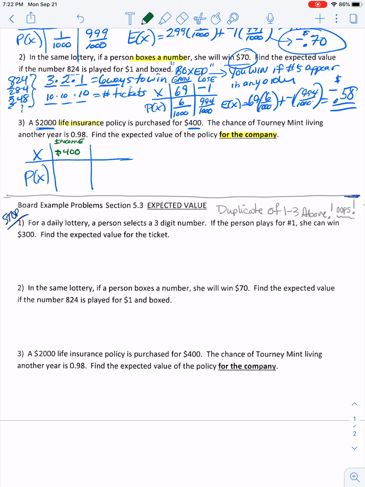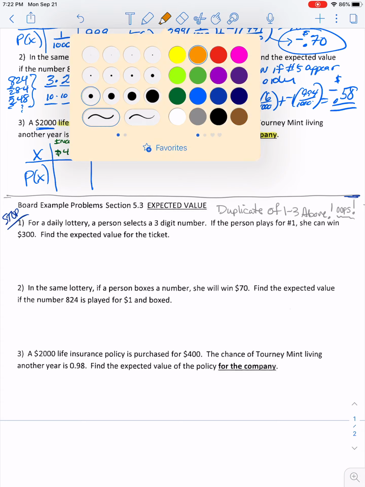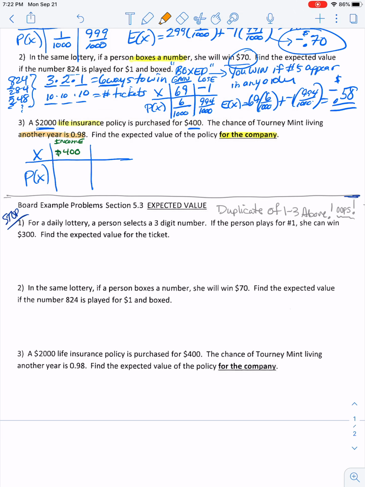If this person lives another year, all that happens is we keep his or her money, $400. He lives, 0.98, done deal.